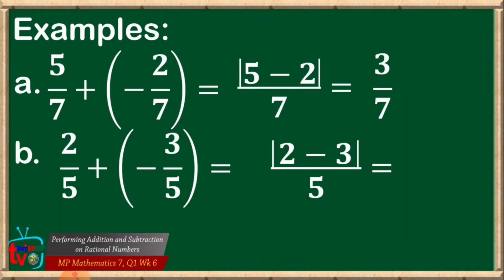The fraction with the greater value is 3/5 and its sign is negative. So, we will affix the negative sign. Now, we will subtract 2 and 3. The answer is negative. But we will get the absolute value, that is positive 1. Then, copy negative and 5.